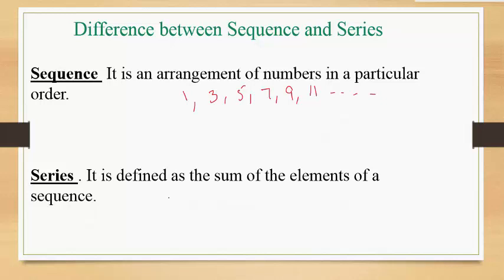But if I write this sequence as a sum, like 1 plus 3 plus 5 plus 7 plus 9 plus 11, then this is called series. If I place a comma here, then this is a sequence. If I place the sign of plus, then this is series. It is defined as the sum of the elements of a sequence. So sequence will be arrangement of numbers in a particular order, and series will be the sum of the elements in a sequence.